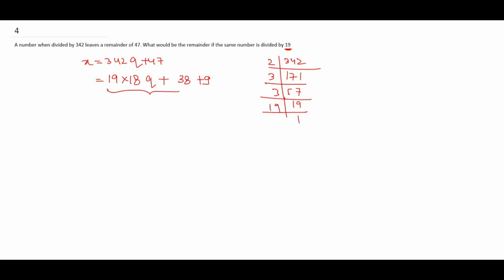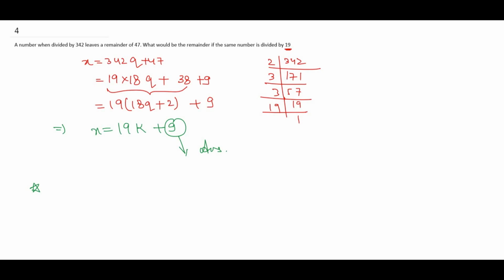Now consider these two terms. Take 19 common, it will be 19 times (18q plus 2) plus 9. Now this can be written as x is equal to 19 times k plus 9, that is the remainder would be 9. This is our answer.